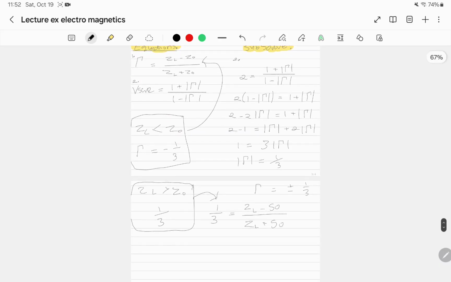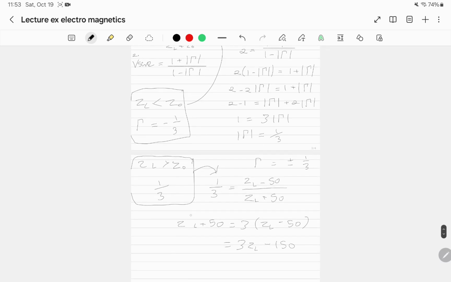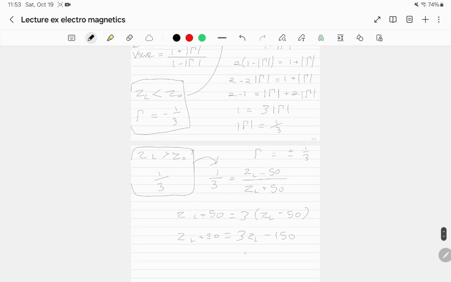We do some cross multiplication. So ZL plus 50 is equal to 3 ZL minus 150, and now if we solve, we're going to get 2 ZL is equal to 200.